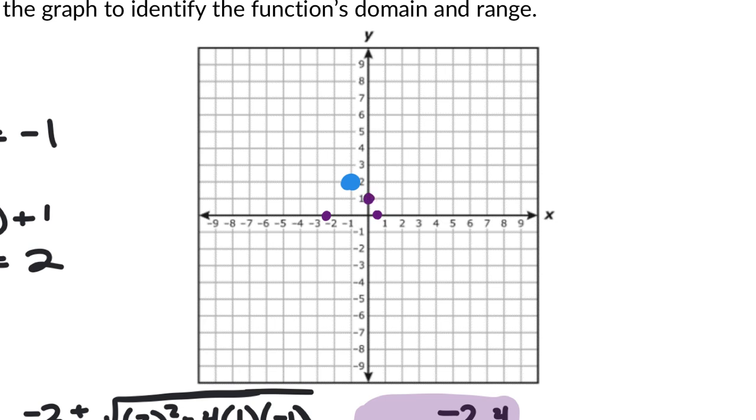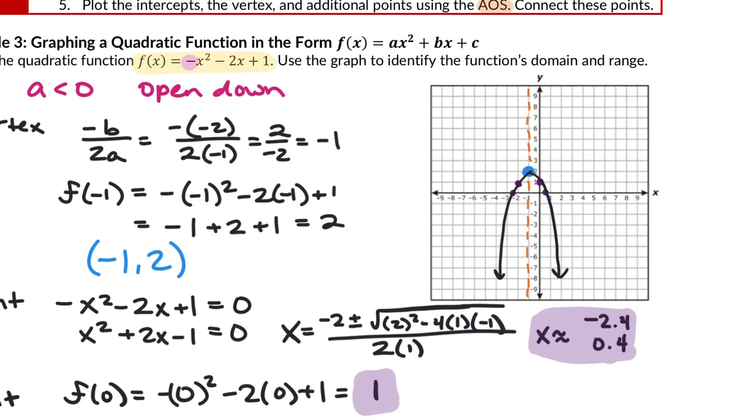Now again, we can use that axis of symmetry line to find a few more points to make this a nice, neat graph. So the y-intercept of 1 would reflect to negative 2, 1. And that's probably good enough to make a nice, neat parabola. And this checks out because it opens down, which we said it should.